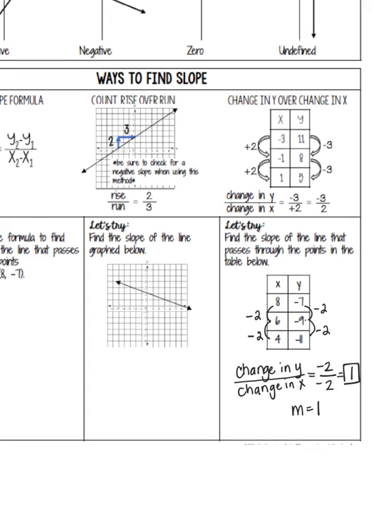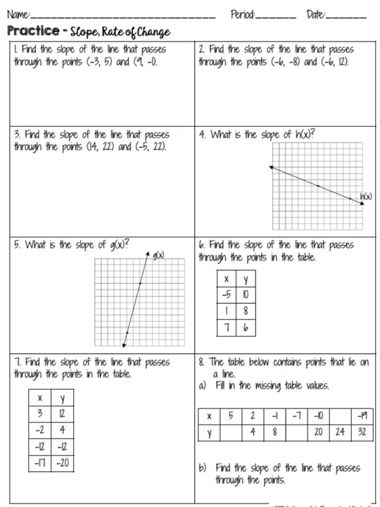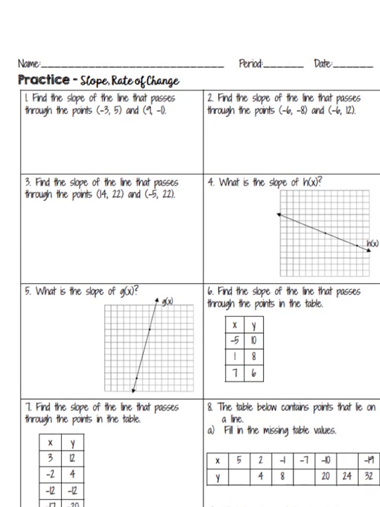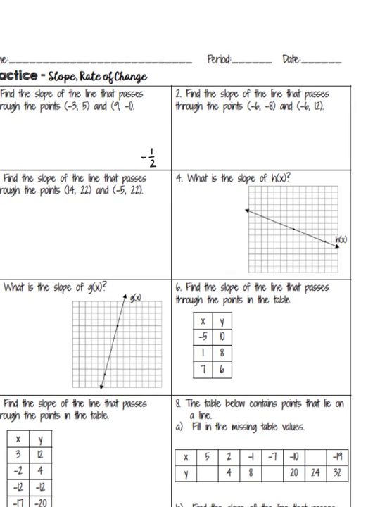Okay. On the next page, I think you can do 1, 2, and 3. I'm going to go ahead and give you the answers of what you should get. So for number 1, you should get -1/2. For number 2, you should end up getting an undefined slope.